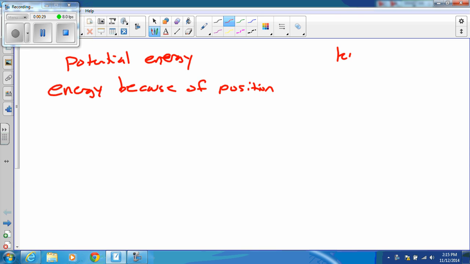And we contrasted that with kinetic energy, which is the energy that an object has because of its motion.